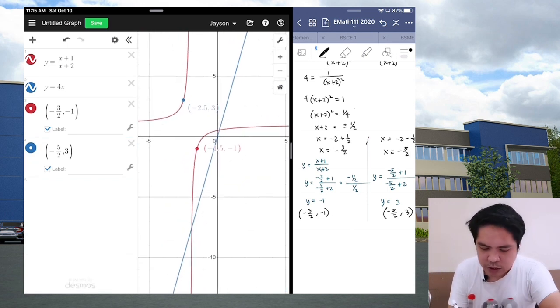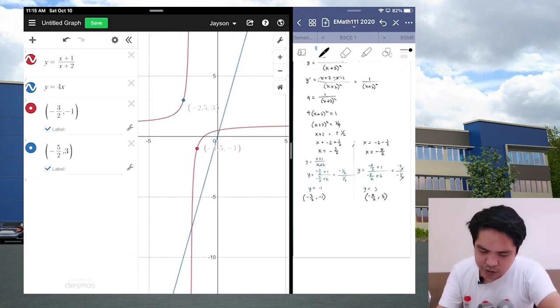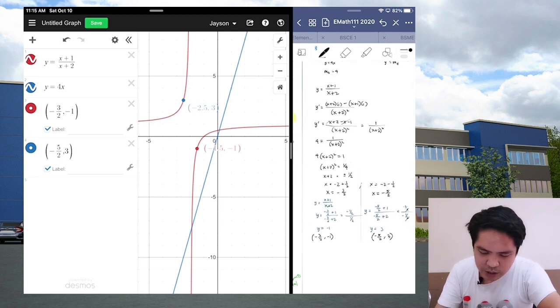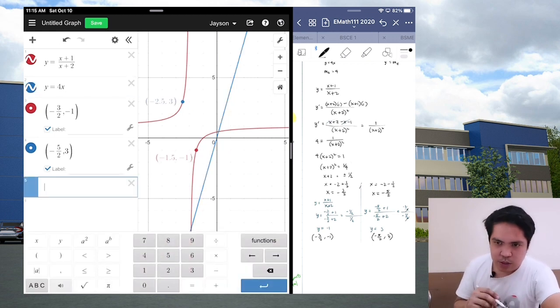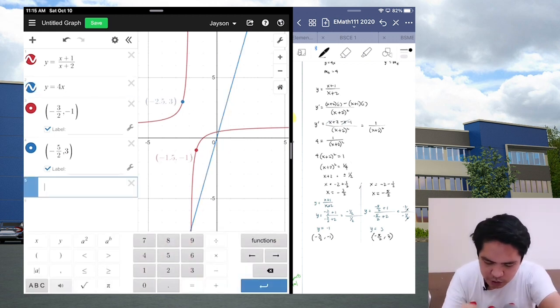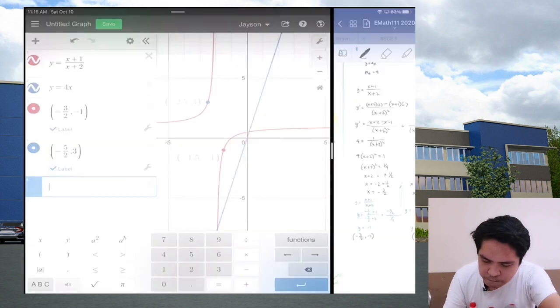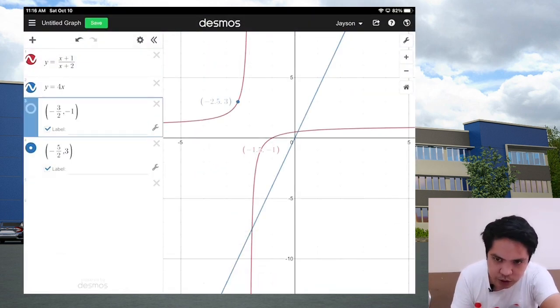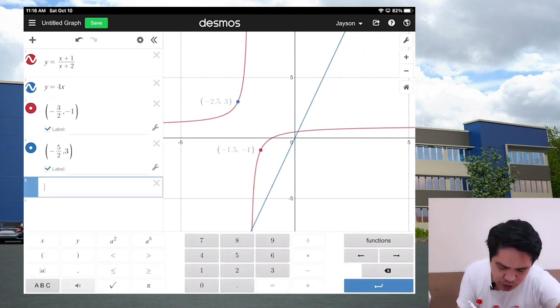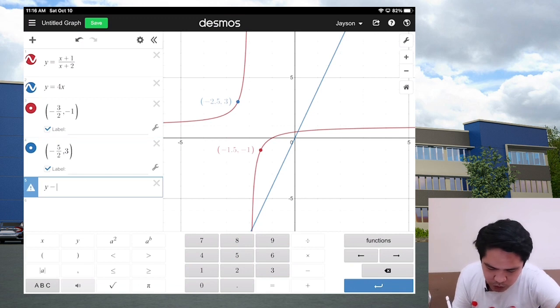So if we draw a tangent line there, it should be parallel to this line. Okay, we could solve using the point-slope form, but let's go directly to the graph. So we know that the slope is 4. So let's try this first: negative 3 halves and negative 1. So that would be y minus y1, where our y1 is negative 1.